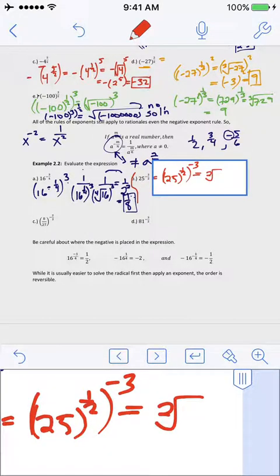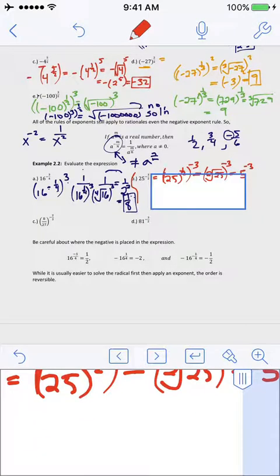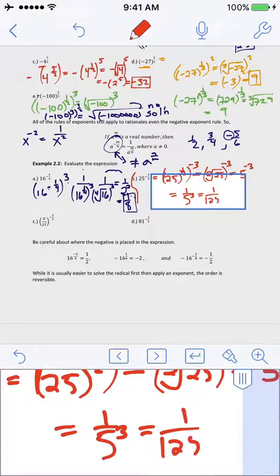I have the square root of 25 to the negative third. That ends up being the principal root, right? Because it's positive, there's a negative in front. So 5 to the negative third. Now I'll deal with the negative part, 1 over 5 to the third, or 1 over 125. There, works that way too, right?